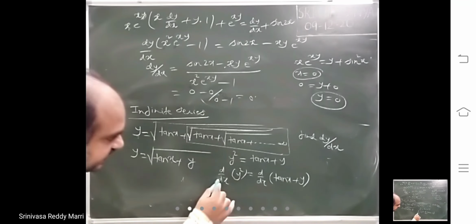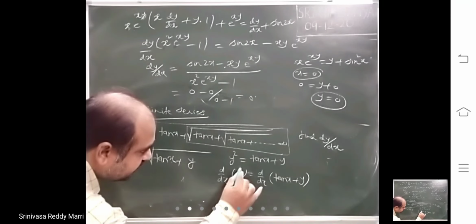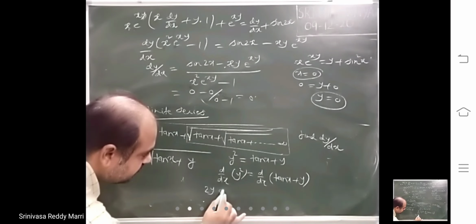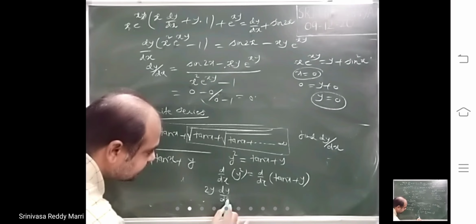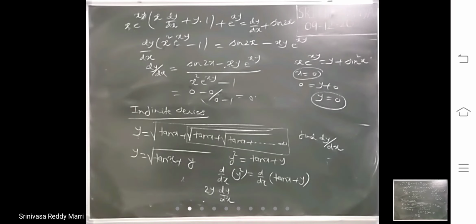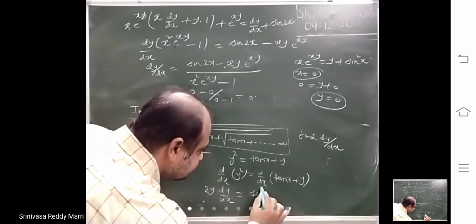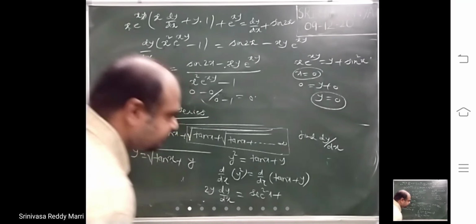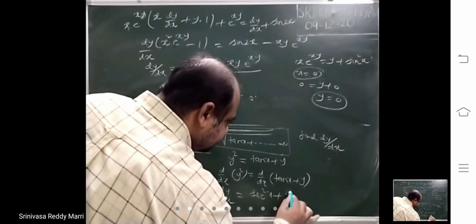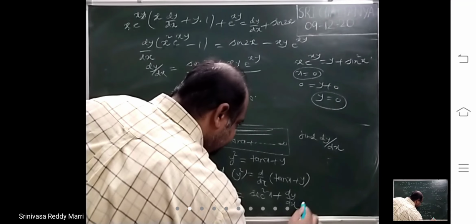d by dx of y square means, by the x to the power n formula, 2y into dy by dx. That is equal to d by dx of tan x, which is secant square x, plus d by dx of y, which is dy by dx.